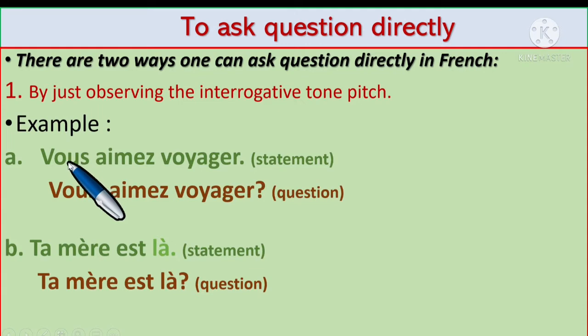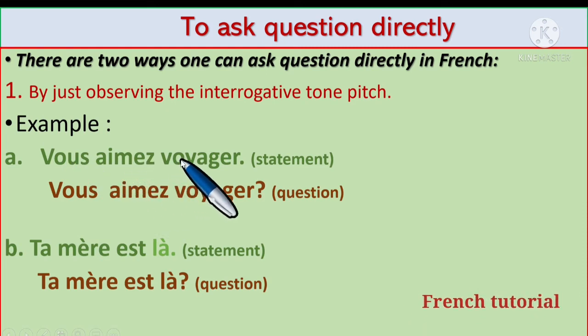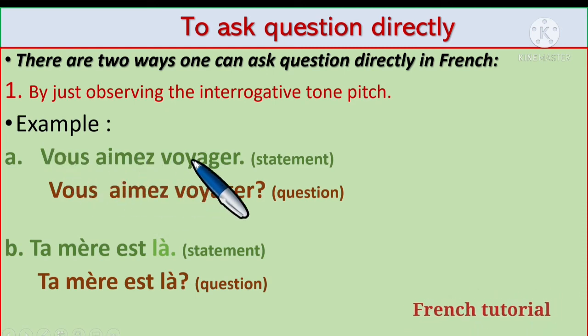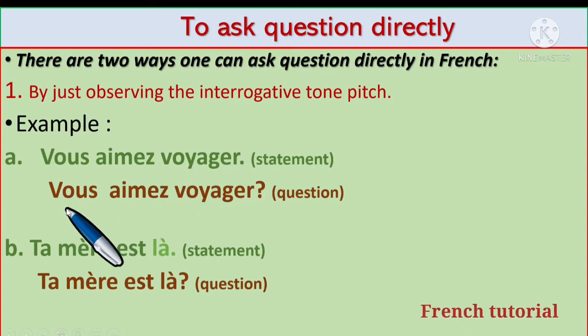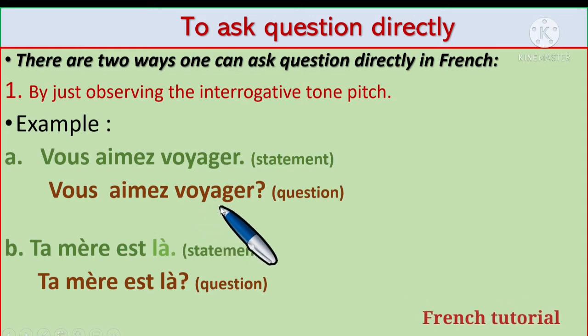In speaking, I have this statement as vous aimez voyager. Vous aimez voyager. It means you like traveling. I'm just stating it that you like traveling. Now, in speaking also, let me turn it to question. Vous aimez voyager?